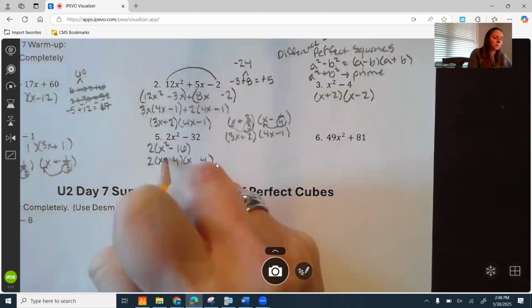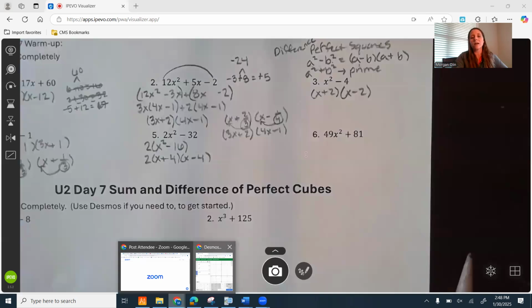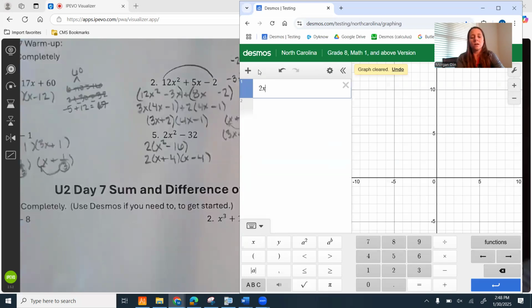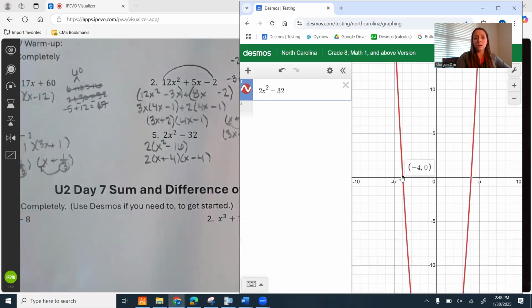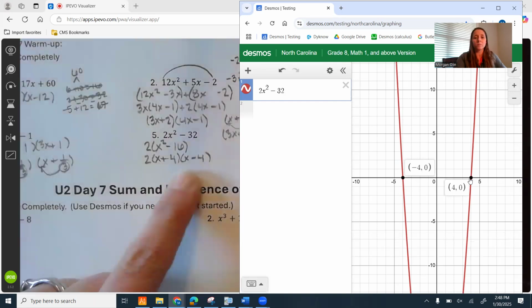And plus or minus. Now, again, if you try to factor this using Desmos and you put in 2x squared minus 32, you'll see that negative 4 is a root, so it'd be x plus 4. You'll see positive 4 is a root, think opposite, x minus 4. The only thing you're going to miss is the 2.